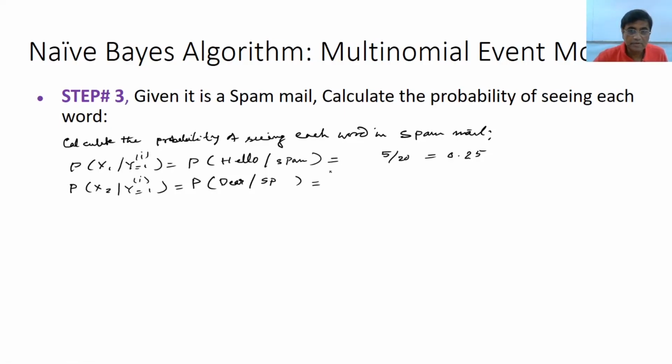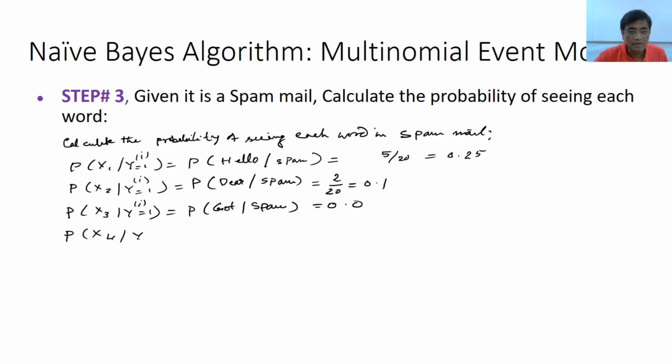So 2 by 20 equals 0.1. Zero, because there was no such word in a spam mail.